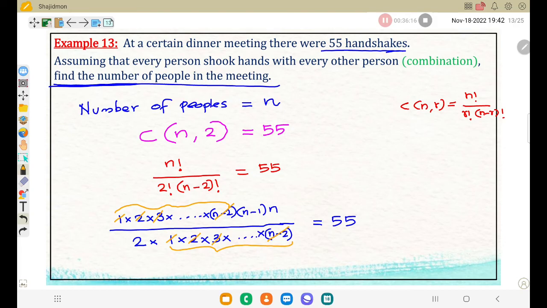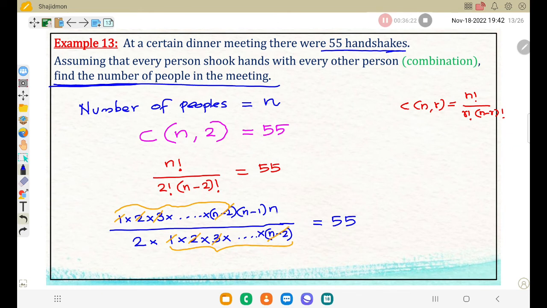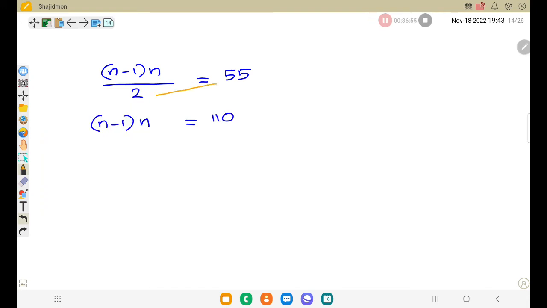On the top side the balance is n minus 1 multiply n, divided by the downside balance, only 2, equals 55. Now cross multiply, that means n minus 1 multiply n equals 2 times 55, which is 110. Hope you understood.